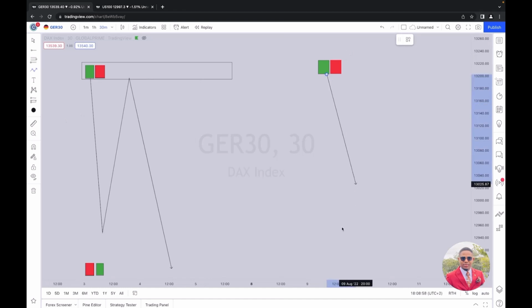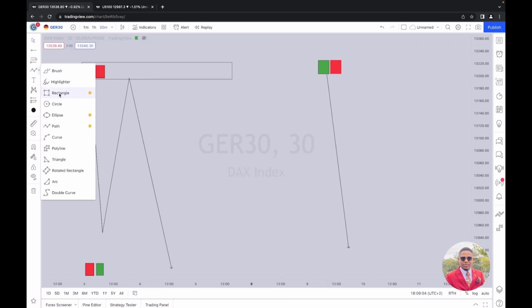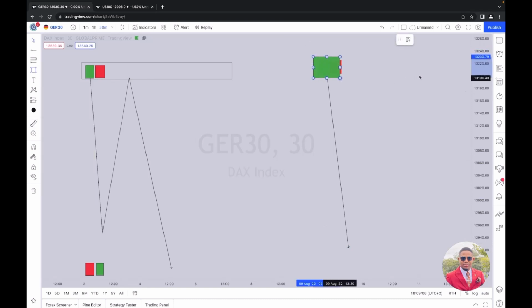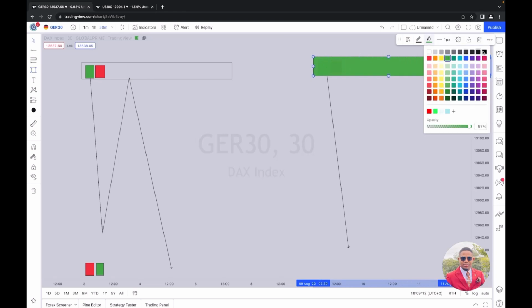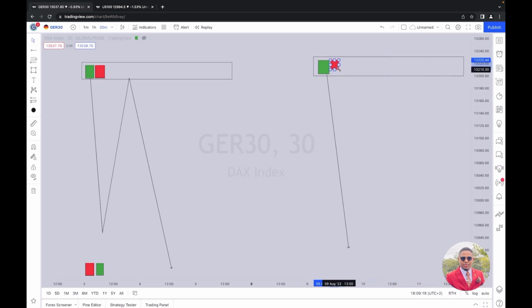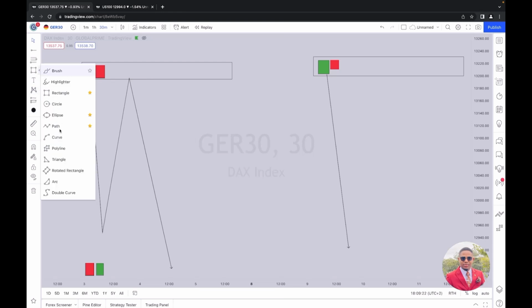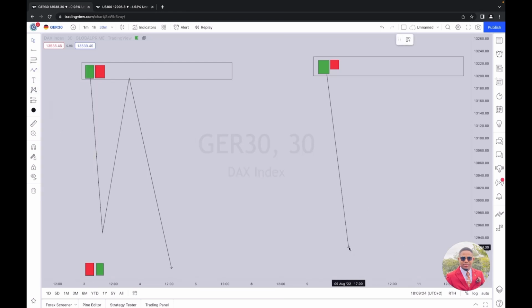When it does, in example number 2, you are going to need to draw this part. This is your OB like this.